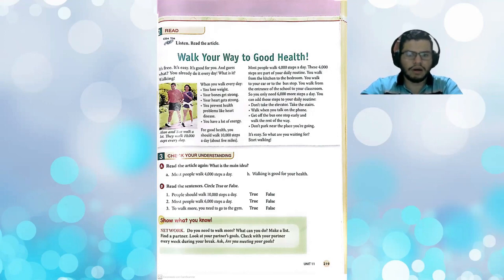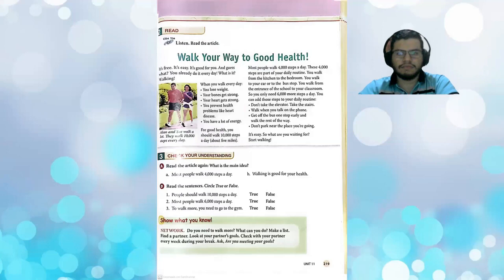People should walk 10,000 steps a day. True or false? It's true. Most people walk 6,000 steps in one day. Is false. Is false because they walk approximately 4,000 steps a day.